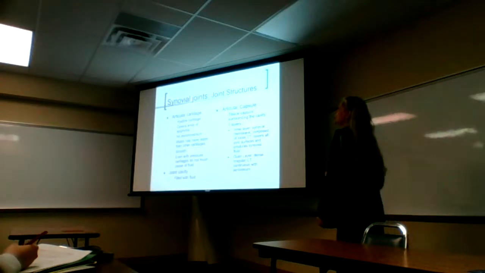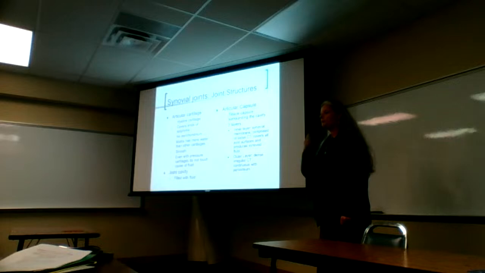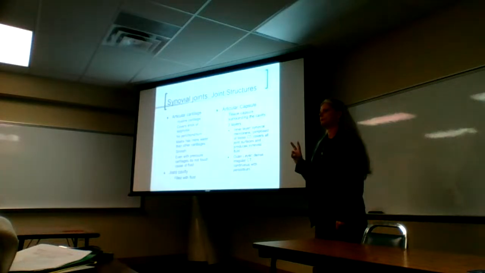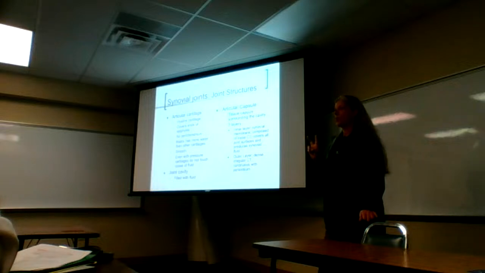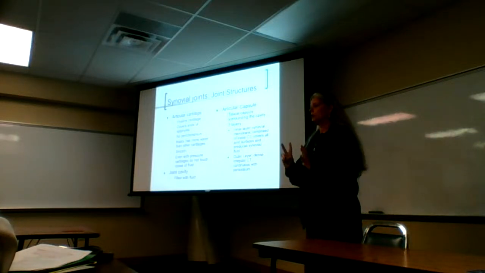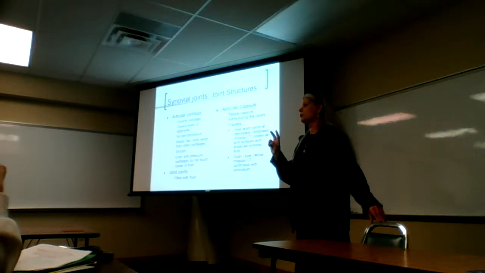What's the other function of perichondrium? Does it take away the friction? Is that the one? Yeah. That's just what cartilage does, actually. Okay. But what does perichondrium do for cartilage?